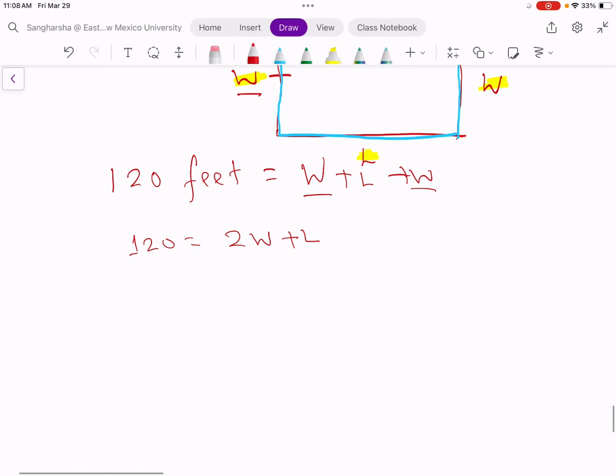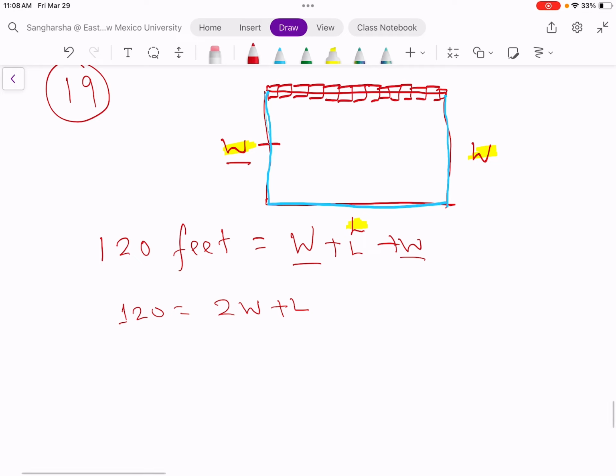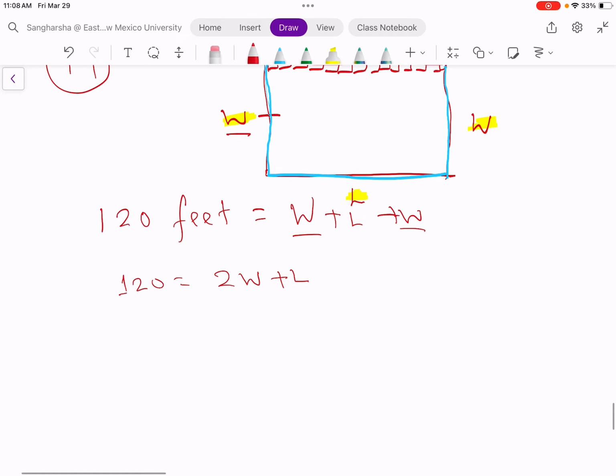Now the question asked of us is: what dimension will yield the maximum area? We need to find the length and the width such that we get the maximum area. Before that we need to define what area is.